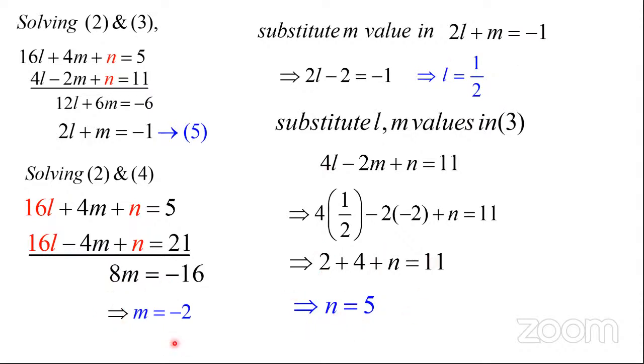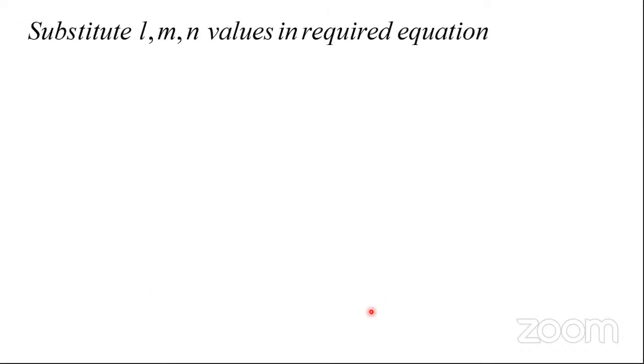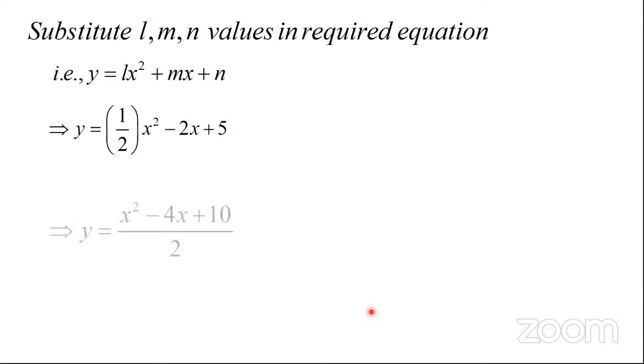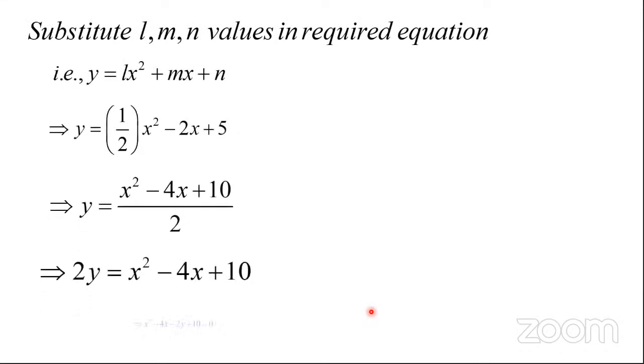Where shall we substitute these l, m, n values, children? In the supposed equation of the parabola, y = lx² + mx + n. Then we get the required equation of the parabola as x² - 4x - 2y + 10 = 0.